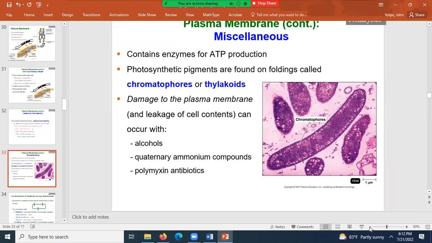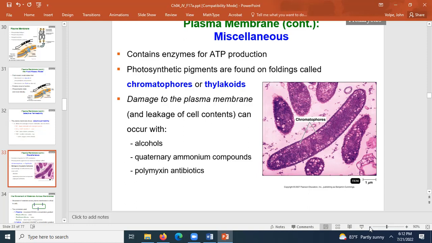All right, the plasma membrane also has specific enzymes or proteins in it that you may not find elsewhere in the cell. For example, in bacteria, the plasma membrane has the enzymes for the cell to make ATP in aerobic respiration.